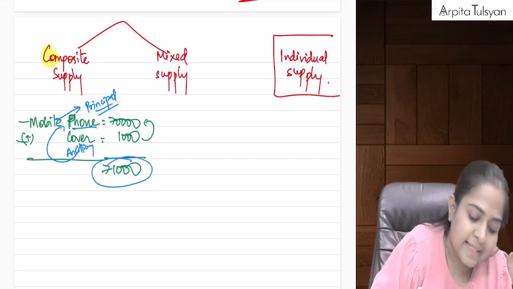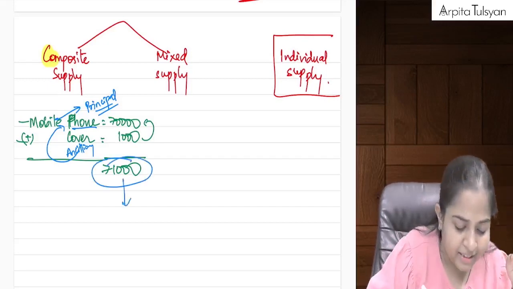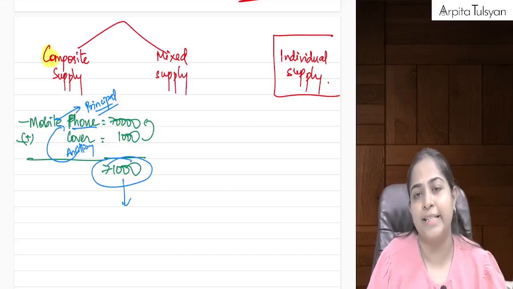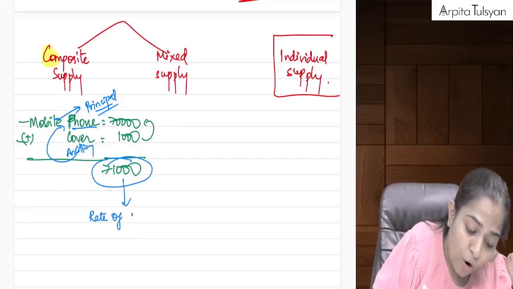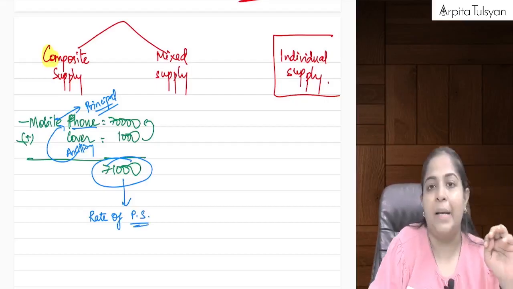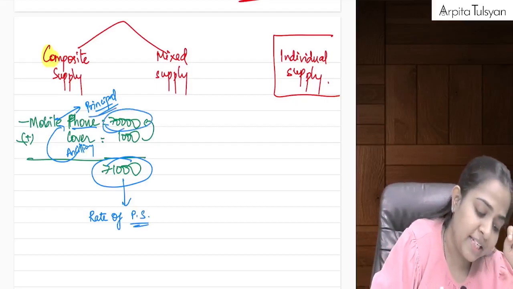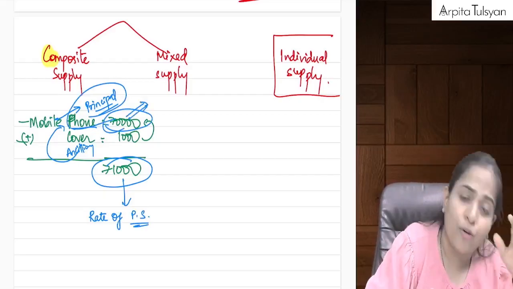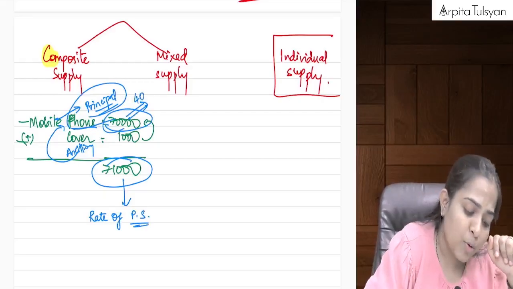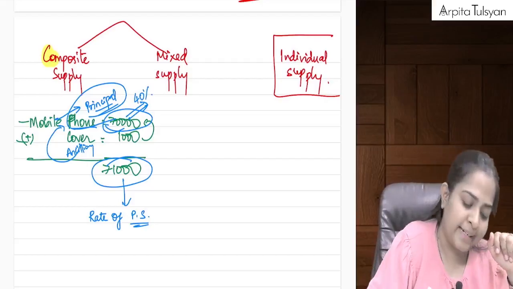So on this 71,000, a single rate of GST will be applicable. Which rate will be applicable, ma'am? The rate of the principal supply will be applicable, meaning whatever is the rate of GST on the principal supply. Let's say on this mobile phone the rate of GST is 40% and on this cover the rate of GST is 5%.